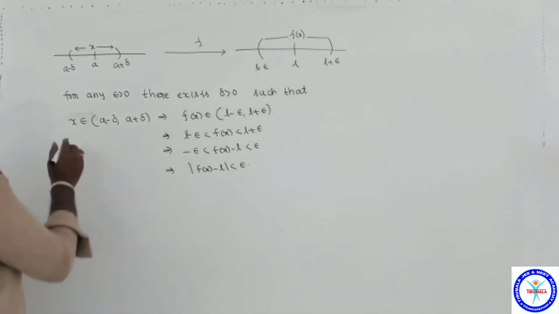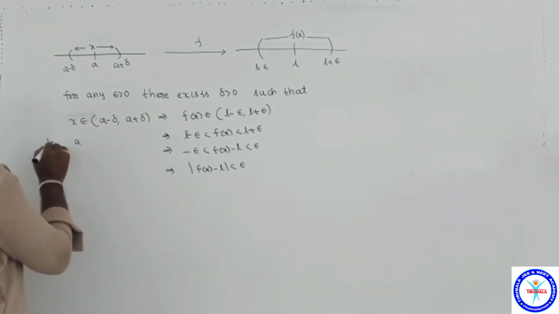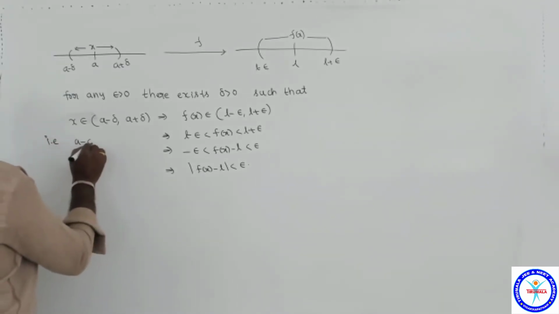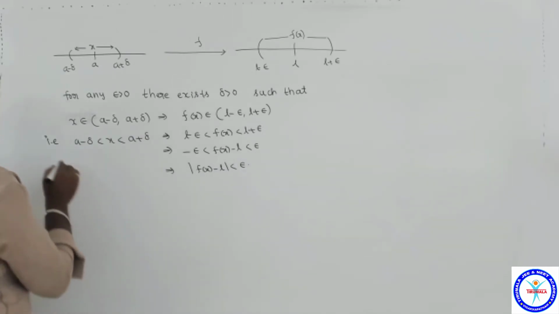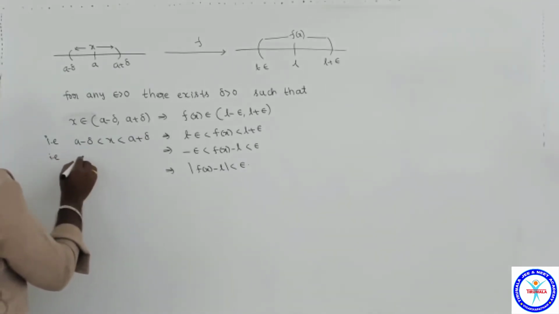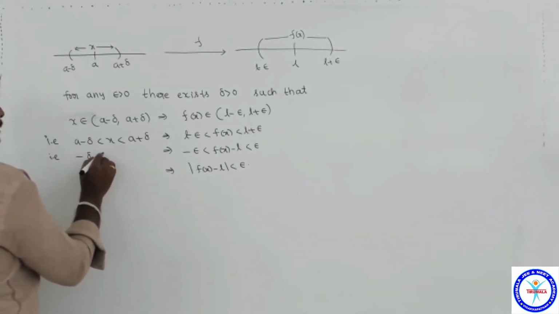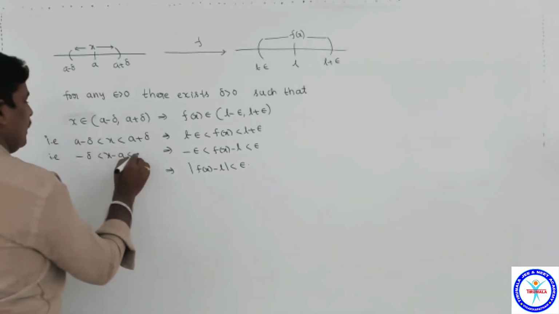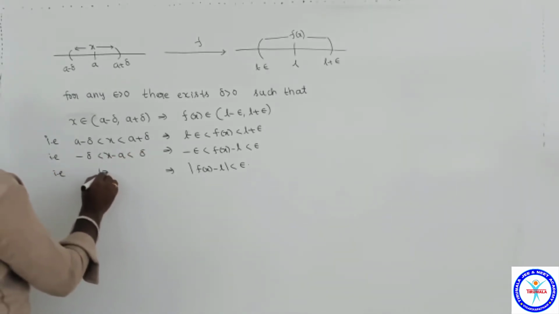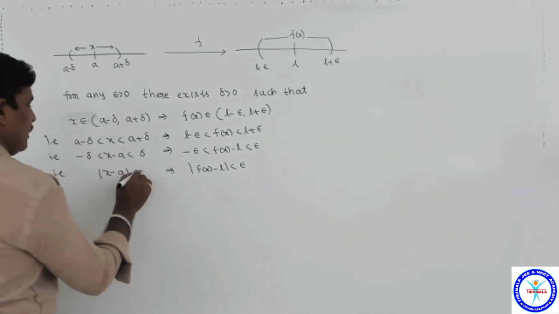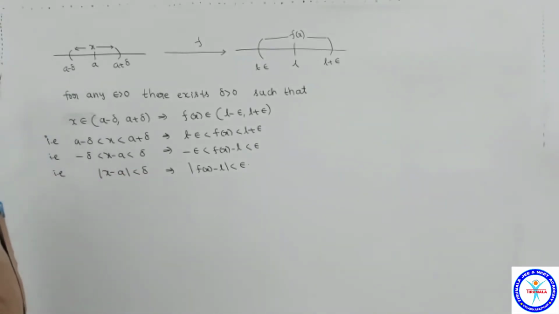So x belongs to a minus delta comma a plus delta. That means a minus delta less than x less than a plus delta, and that is minus delta less than x minus a less than delta, and that is mod x minus a less than delta.